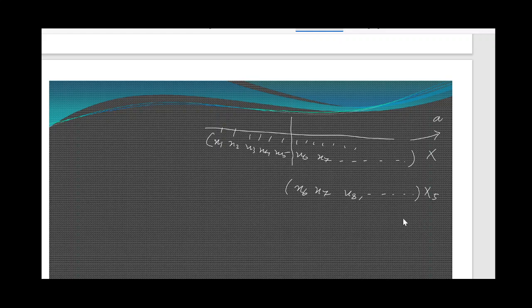Now what about this sequence? Will this sequence, that is the m tail or the 5-tail, converge? Does it converge? Or does it converge to A itself? This is our question. Can you follow?